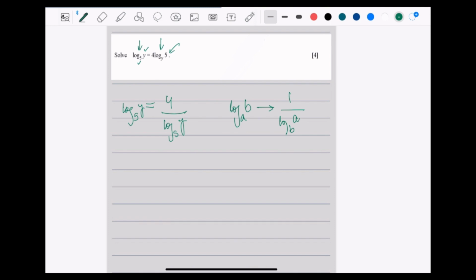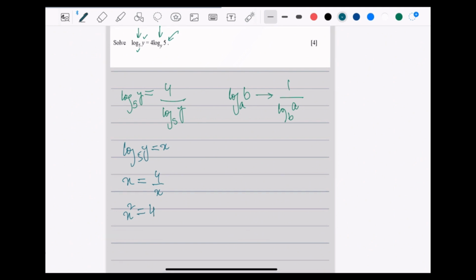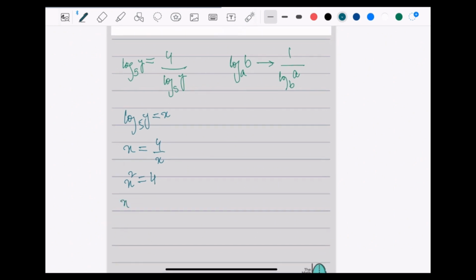So let's take log 5 of y as x. I can write this as x equals 4 over x, and hence x squared equals 4. Moreover, x equals root 4, which is plus and minus 2.